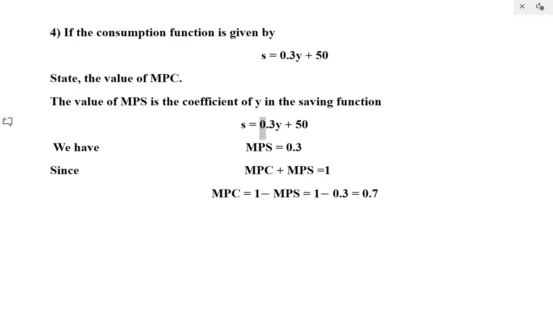S equals 0.3Y plus 50, so we have MPS equals 0.3. Since MPC plus MPS equals 1, MPC equals 1 minus MPS, which equals 1 minus 0.3, which is equal to 0.7.